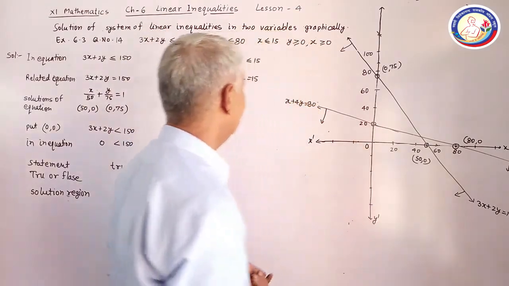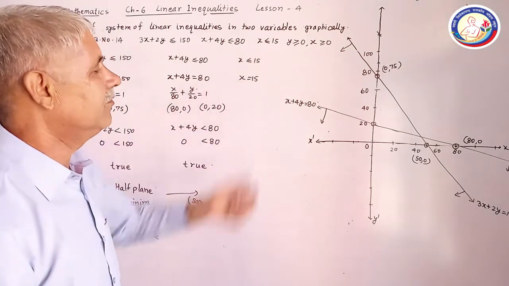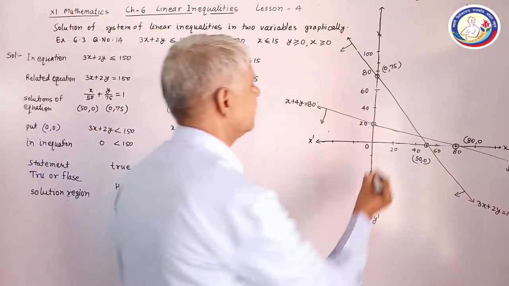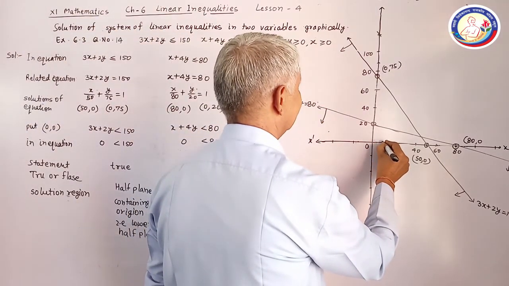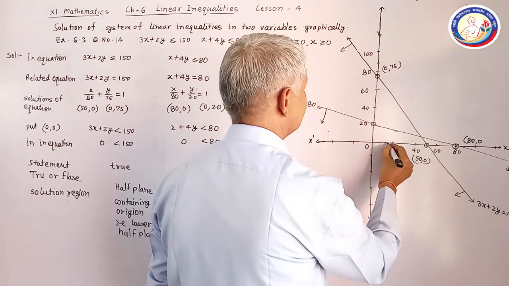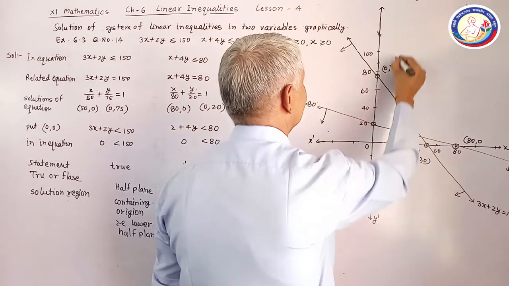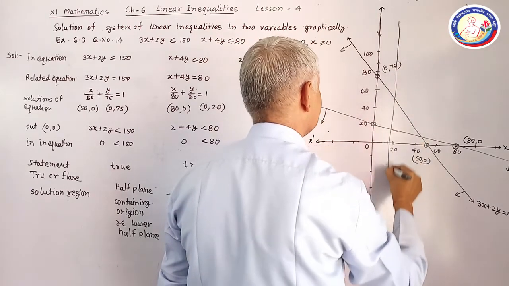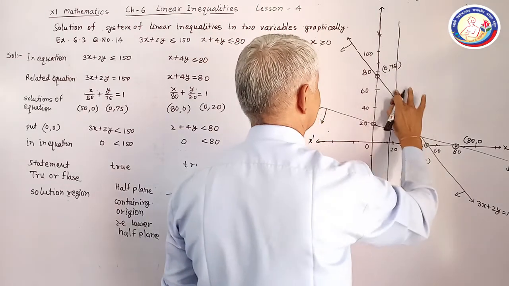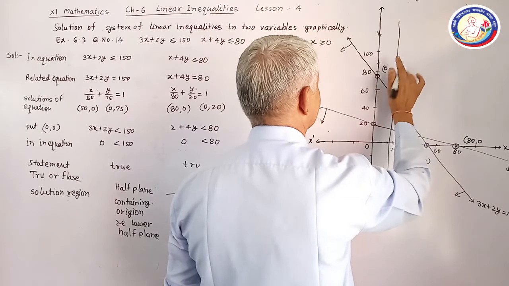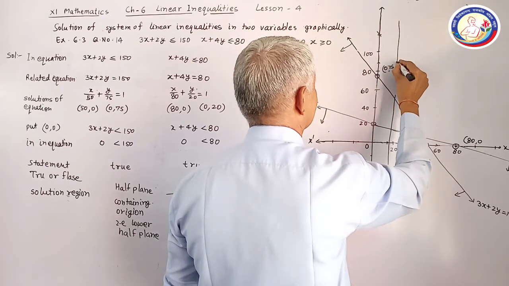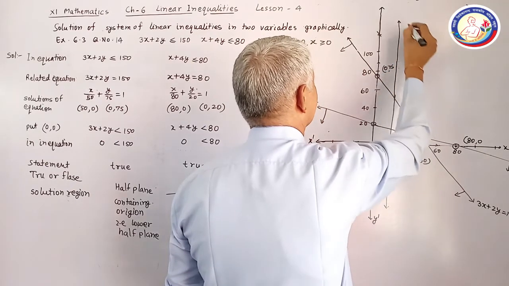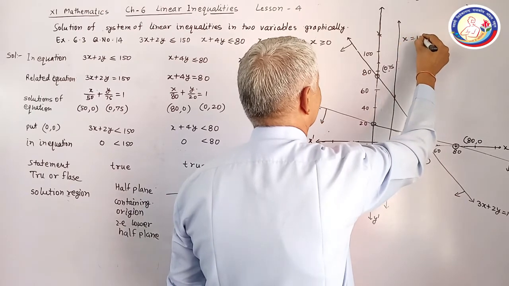But we have another equation, x equal to 15. So where is x equal to 15? It is here. This is x equal to 15, say, here. So draw a line parallel to this. This is x equal to 15.